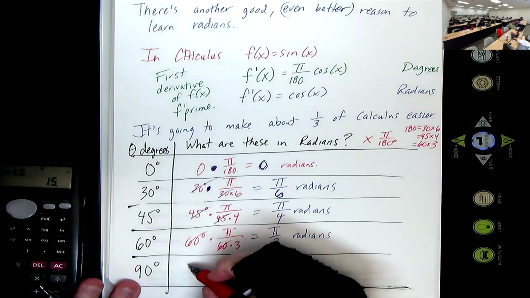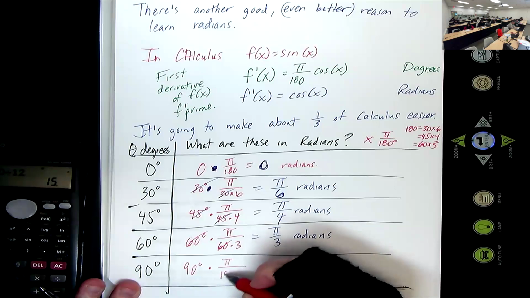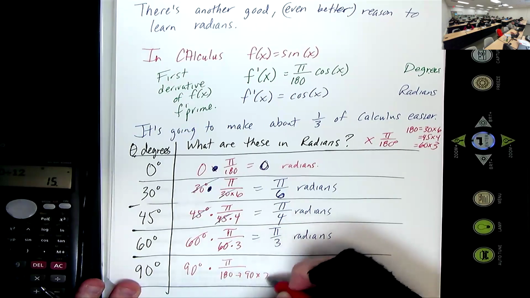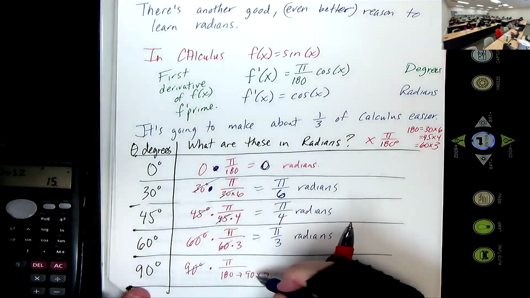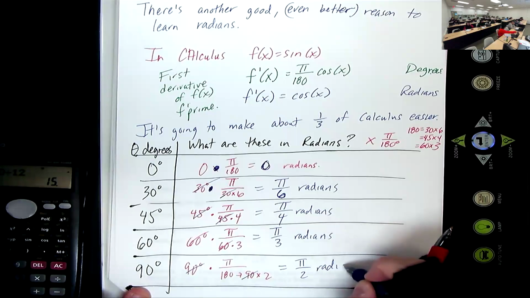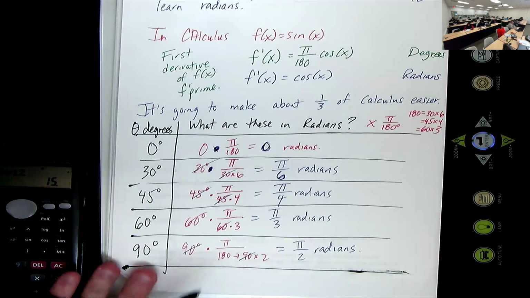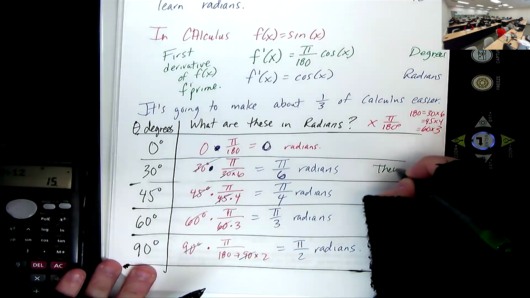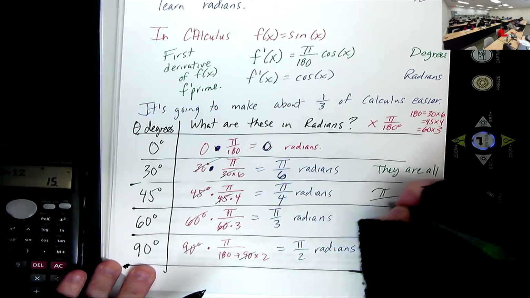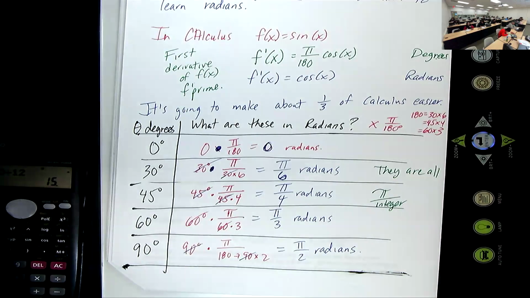If I do 90 degrees, well, 180 is the same as 90 times 2, right? 90s cancel, and I get pi over 2 radians. They are all pi over a low whole number.